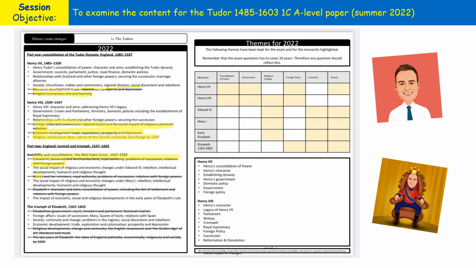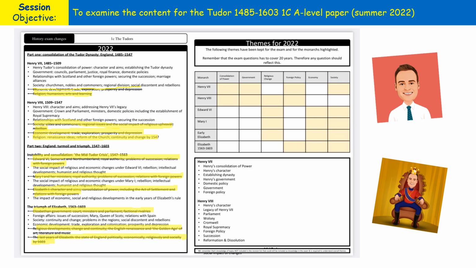Mary I and her advisors, that will be re-included. Elizabeth I characters and aims in the early years of her rule as well. So there's quite a few topics that were reintegrated again into the Tudor component of the A-level course. And then finally, the triumph of Elizabeth from 1563 to 1603, Elizabeth's government, court, ministers and parliament, that will be reintegrated, religious developments as well, and then finally the latter years of Elizabeth's rule.